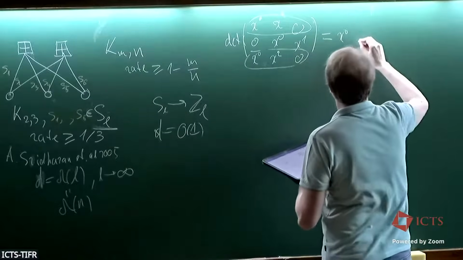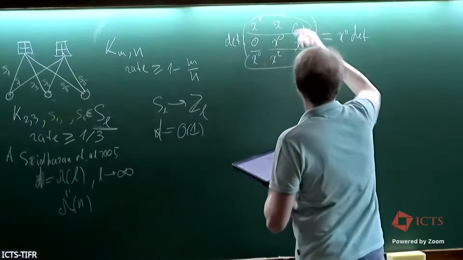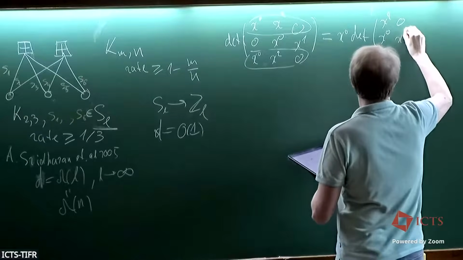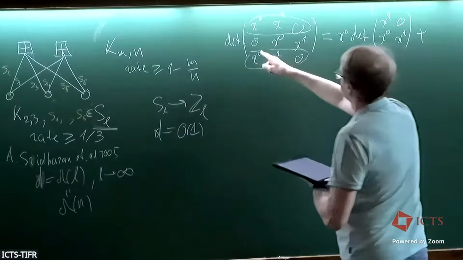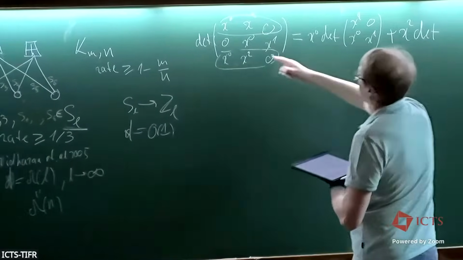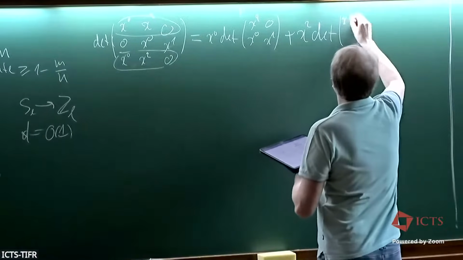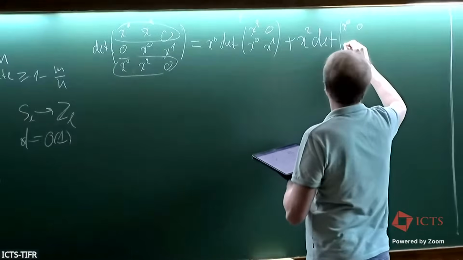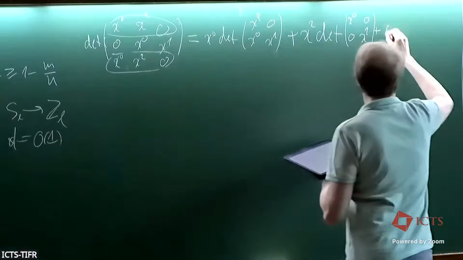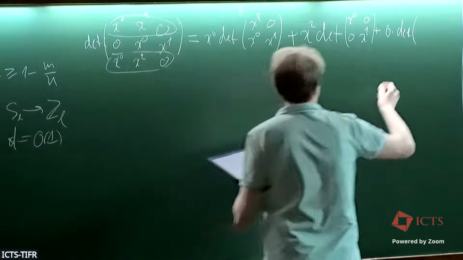So we have x0 multiplied by the determinant of this matrix, then we have x2 multiplied by the determinant of this matrix, and we have 0 multiplied by the determinant of this matrix.